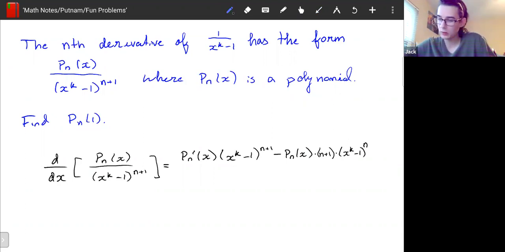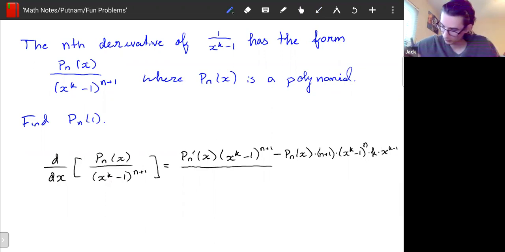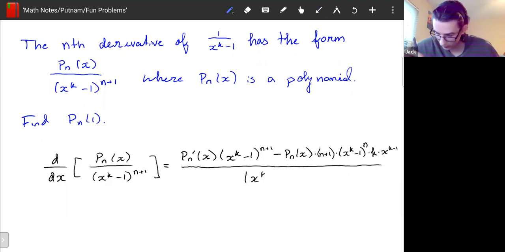By the chain rule, we take the derivative of the inside function, which is just k times x to the power of k minus 1. I believe that is all correct. And the denominator is x to the power of k minus 1, 2n plus 2.